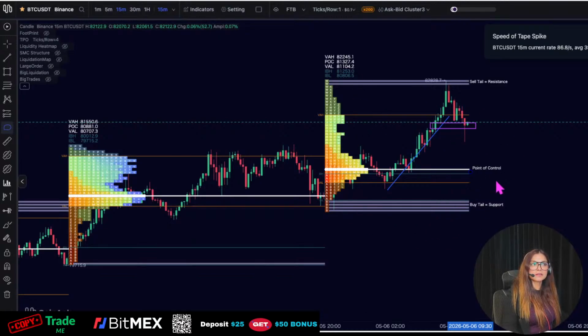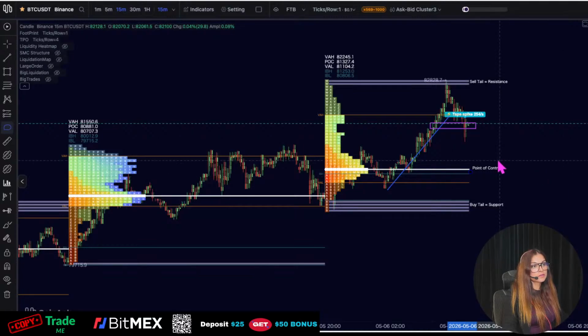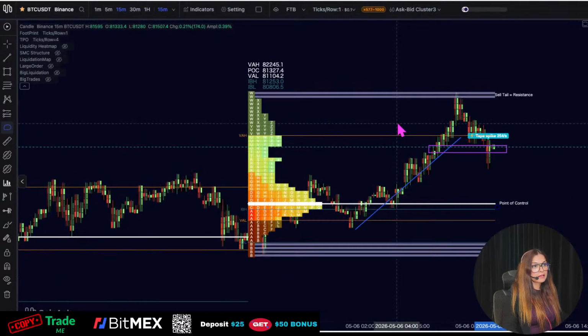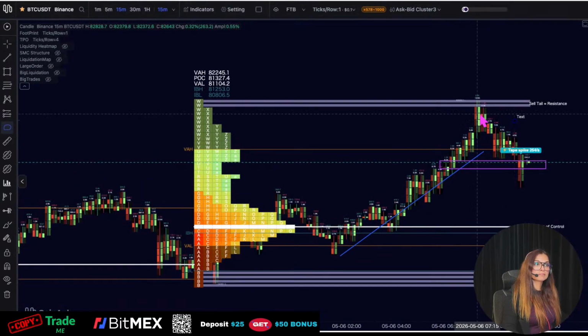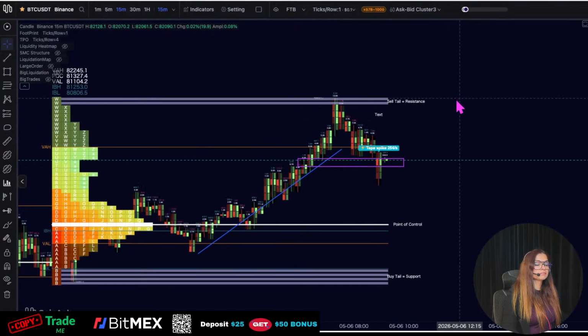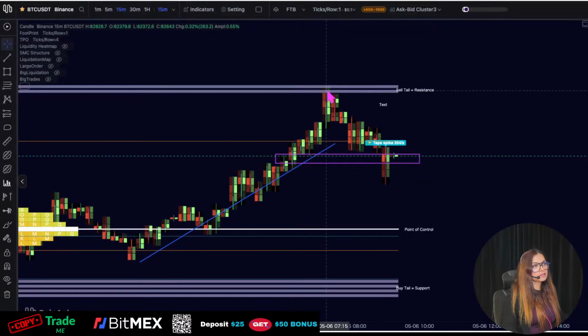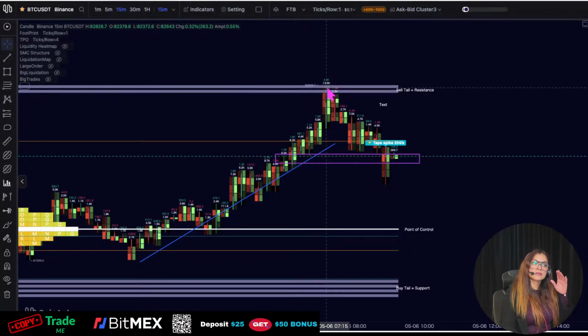But this is just an explanation of what the TPO, time price opportunity profile, is and how I look at it. So right now, if we also incorporate the footprint in there, you'll see that at the sell tail we have this little wick, and this is usually your order block.